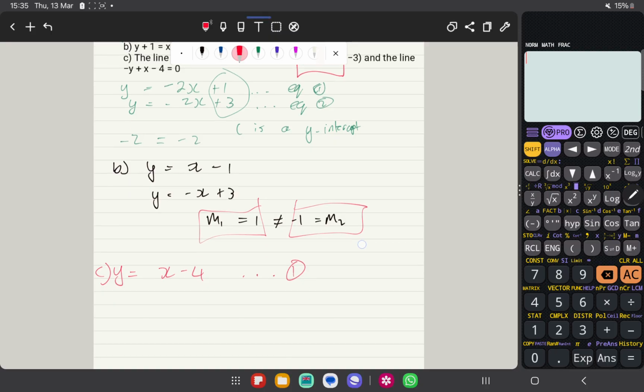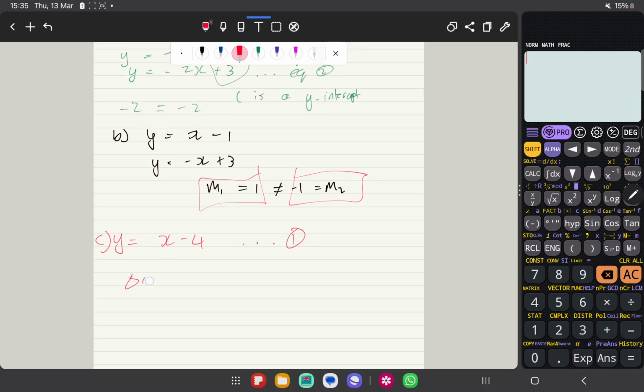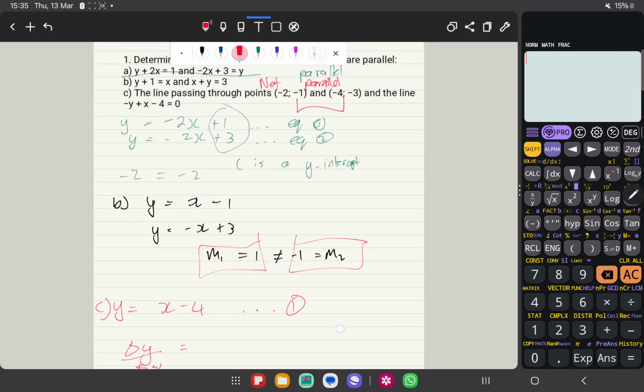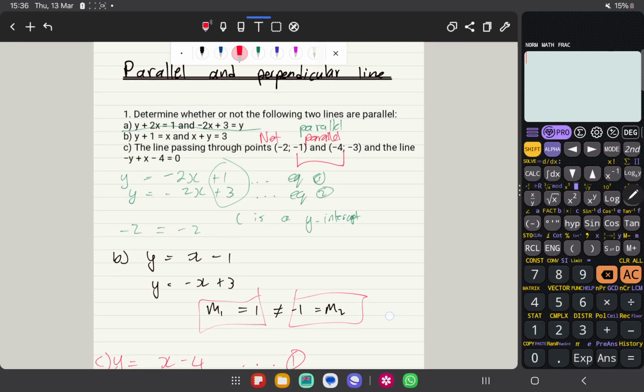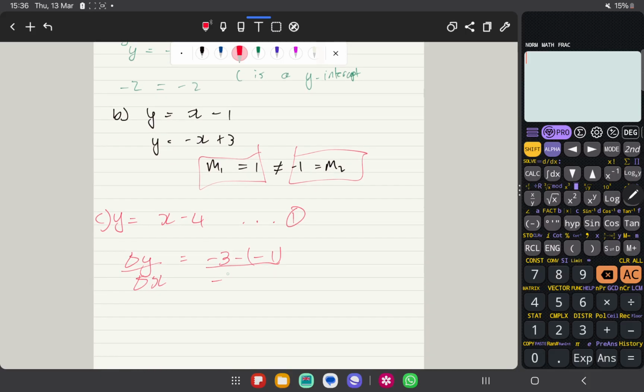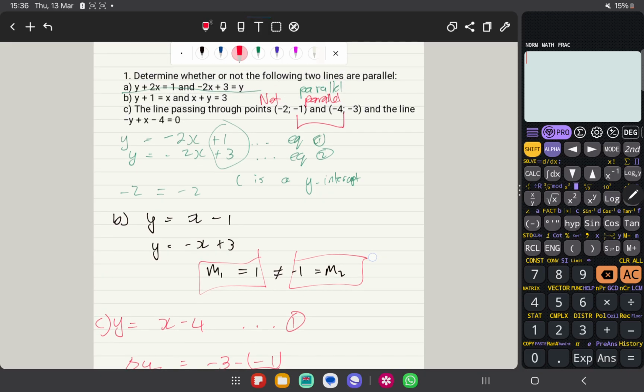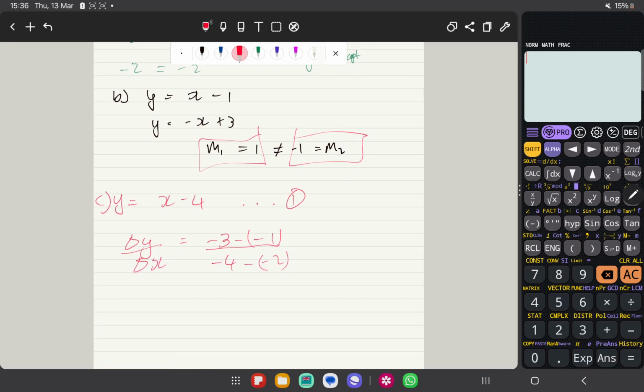And then I have 2 points, change in y over change in x. If I use both points, I have minus 3 minus 1 over minus 4 minus 2. Everything is negative.